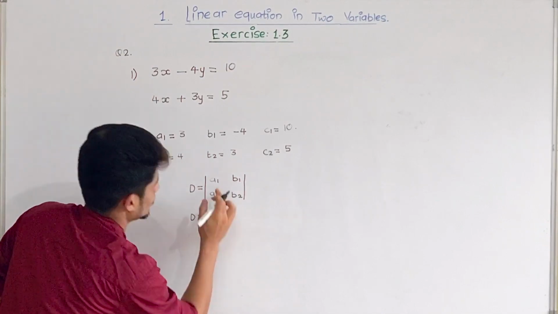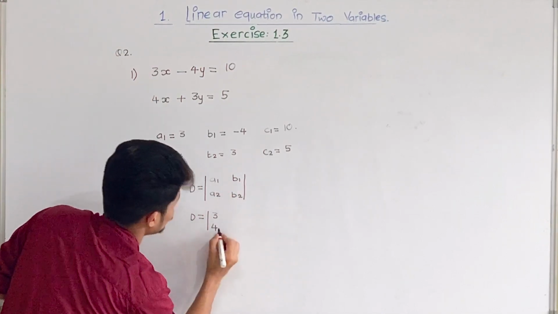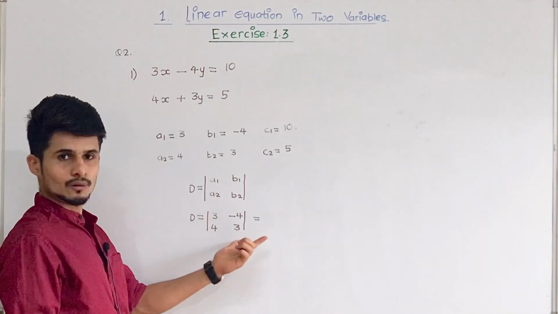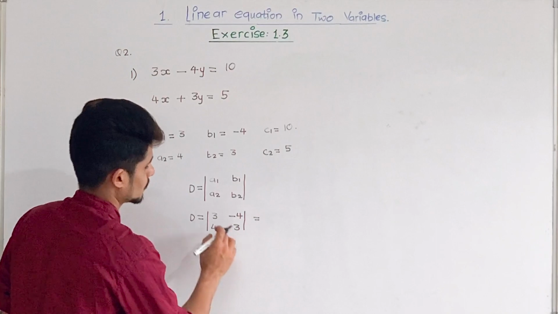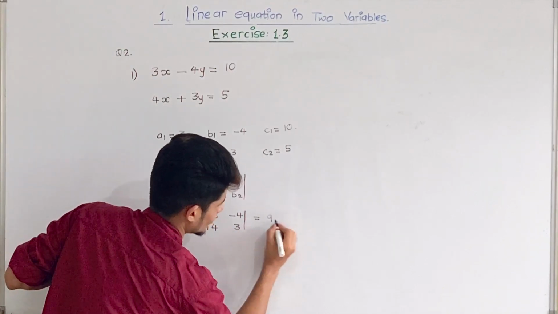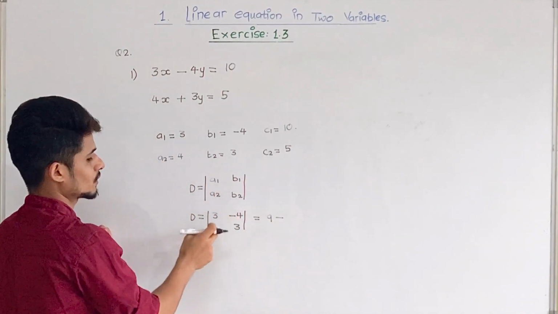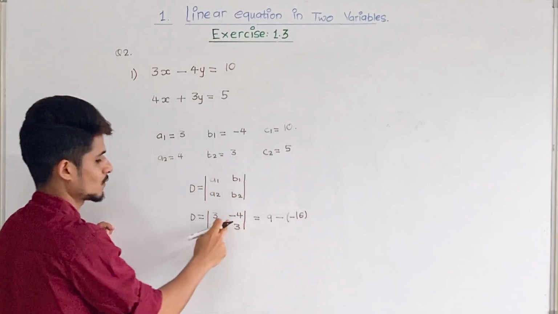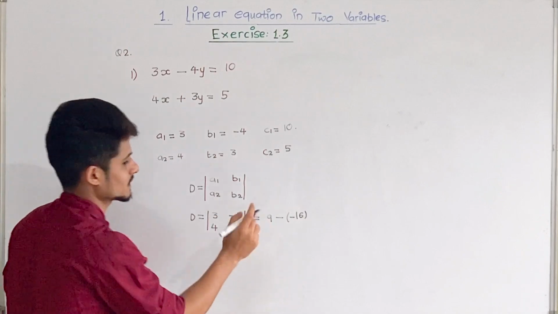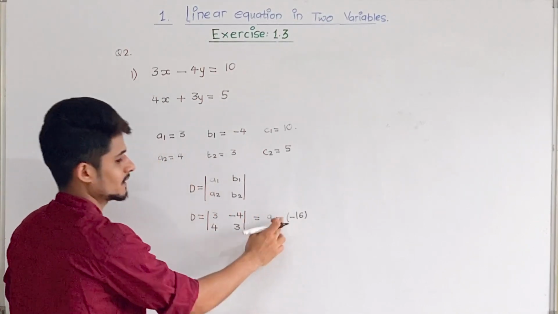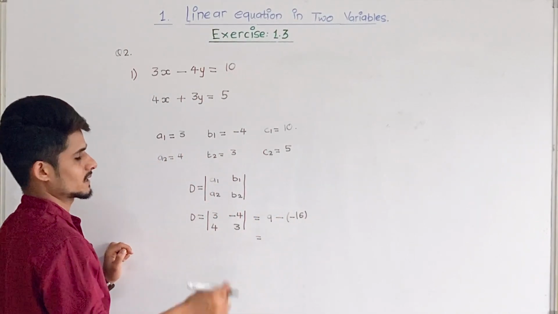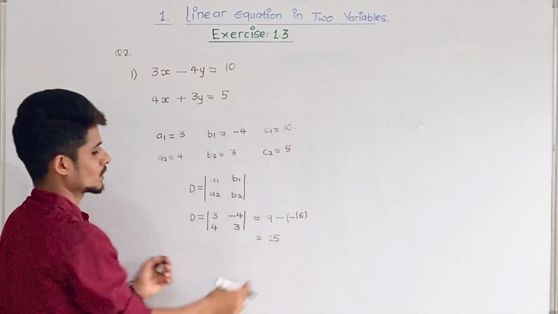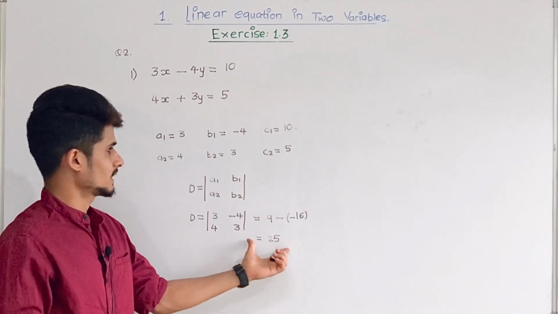That is, a1 is 3, a2 is 4, b1 is minus 4 and b2 is 3. Now cross multiply and subtract the numbers. 3 into 3 is 9 minus 4 into 4 is 16, that is minus 16. Minus 4 into plus 4 is minus 16. So 9 minus minus plus 16, that is 9 plus 16 is 25. So the 25 is the value of the determinant.